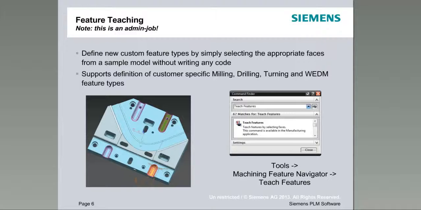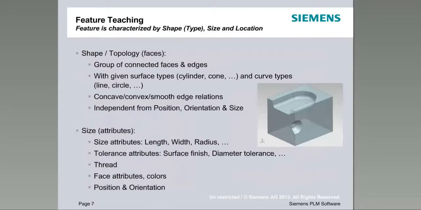Geometry that is repetitive in your types of parts and that you would like to automate might not be recognized by our out-of-the-box features, and that's where feature teaching comes in. With feature teaching, we take some geometry and say, from now on, this is something the software should recognize as a feature.